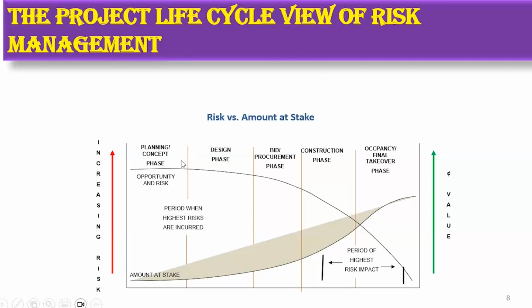The life cycle of a project goes through five main stages: the planning and concept phase, the design phase, the bid and procurement phase, the construction phase, and the occupancy or final takeover phase. The line from the very top depicts risks and opportunity, and the one rising from the bottom upwards depicts the value at stake, the amount at stake.